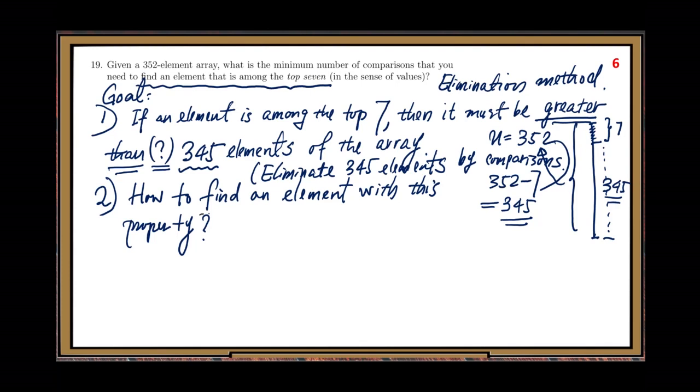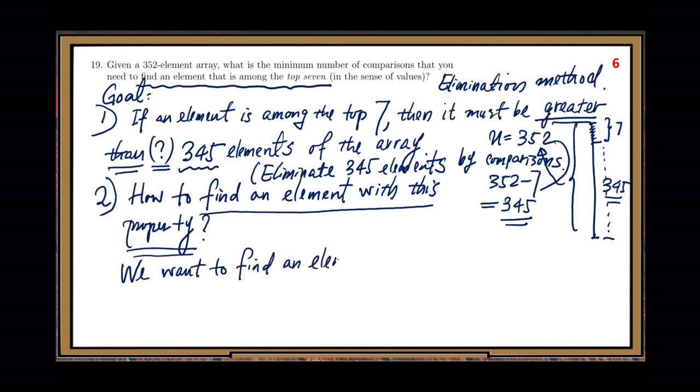So how to find an element with this property? In step two, the interpretation: we want to find an element that is greater than 345 elements.